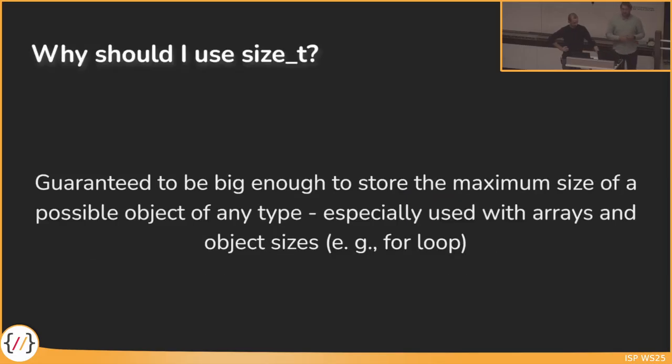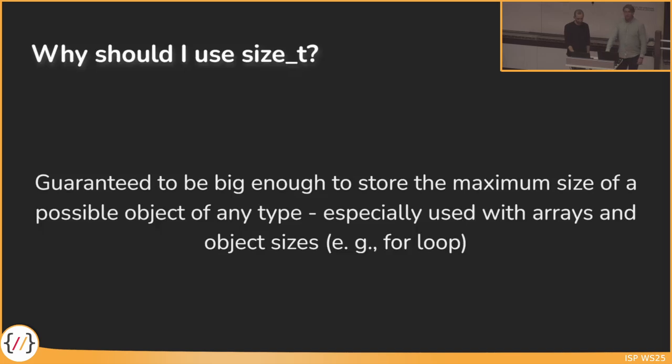And we've just mentioned it. Why should we even use the size_t data type? Because with this data type, it's guaranteed that we can store the maximum size of a possible object, so there cannot be any object that is larger than the maximum value of size_t.